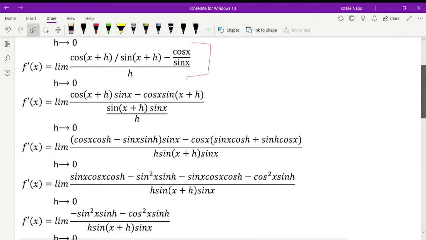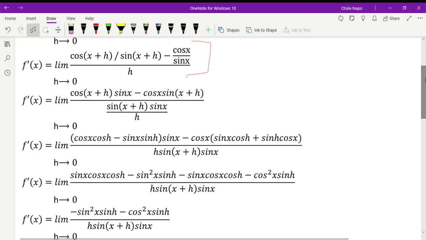Then on the next step, we look for the lowest common denominator. For us to get a lowest common denominator, we have to cross multiply. We multiply the denominator and the numerator on the other side, and the denominator and the numerator from the other side.